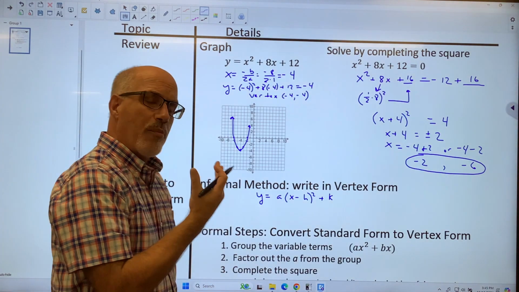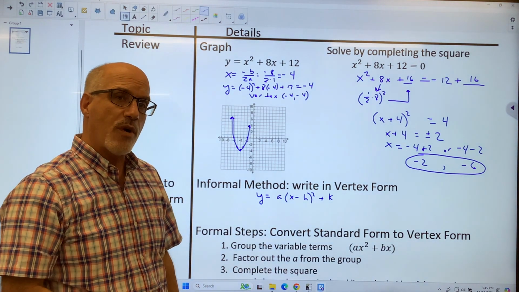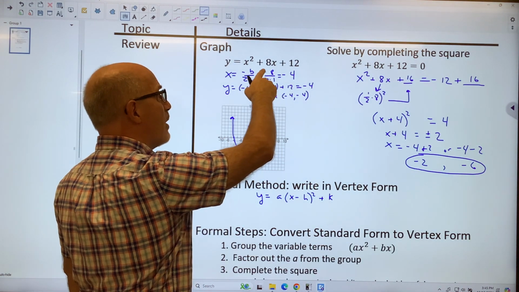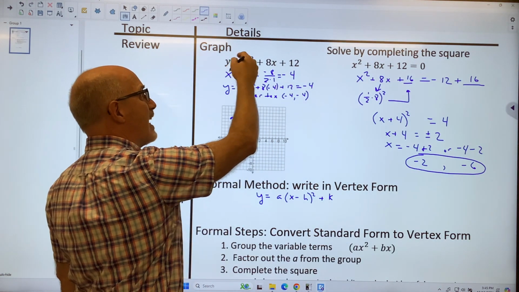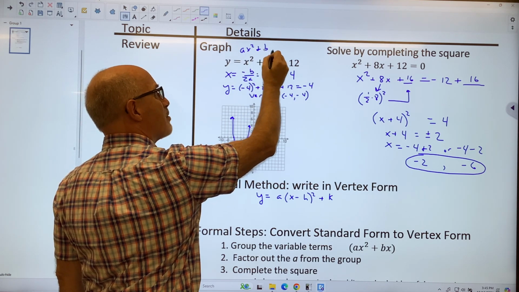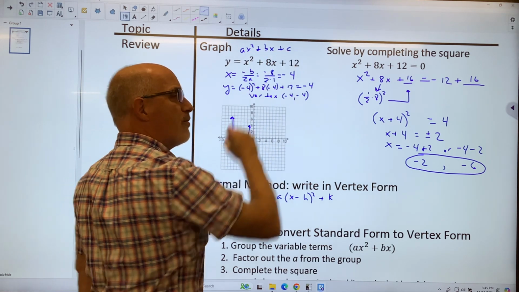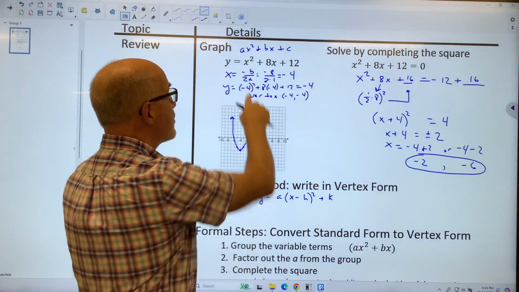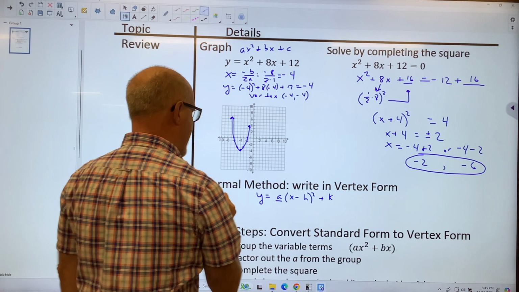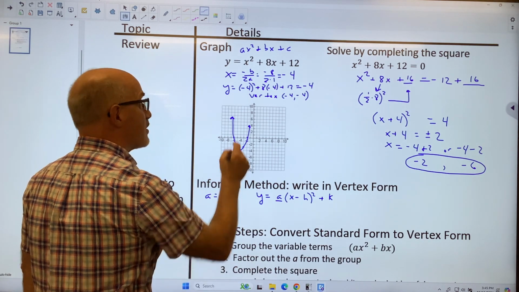So an informal method of writing it into vertex form is to look at the original formula here and steal from it what the a is. Remember, ax squared plus bx plus c is the general form of standard form. So the a is the number in front of the x squared. So the a is going to equal 1 for this problem.